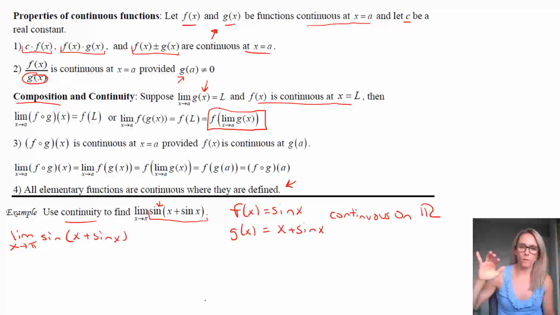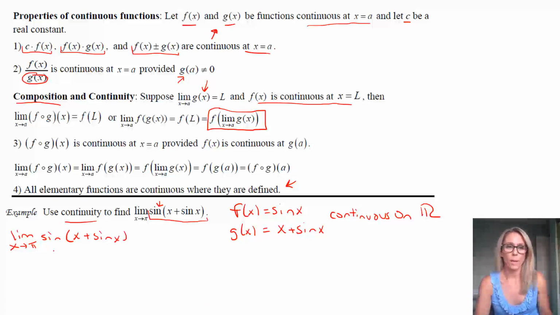Because when you think about it, even though sine of pi is 0, that doesn't matter. What matters is sine x is continuous. And since x is continuous, and sine of x is continuous, adding them together, you still have that continuity on all real numbers. So what it tells us is that we can bring in this limit. So we can have sine of the limit as x approaches pi of x plus sine x.